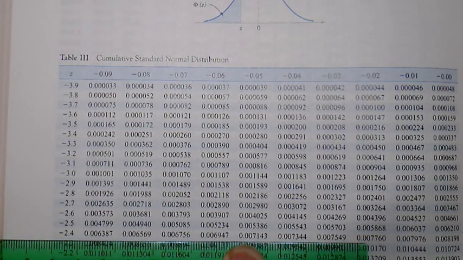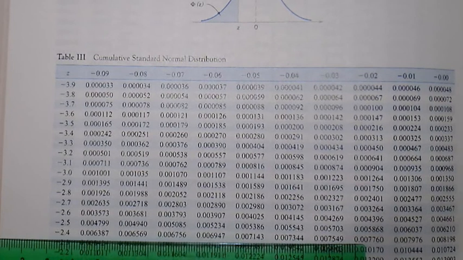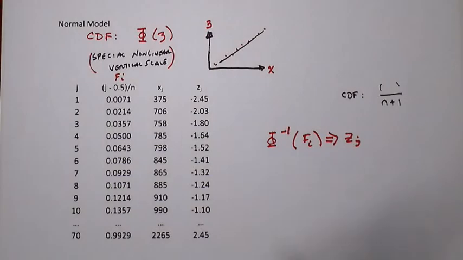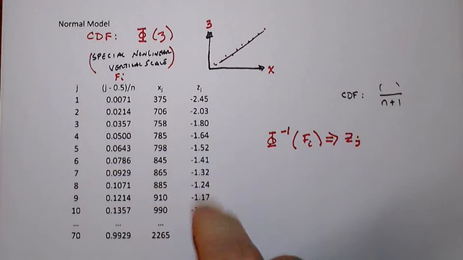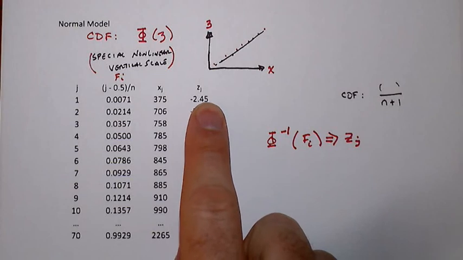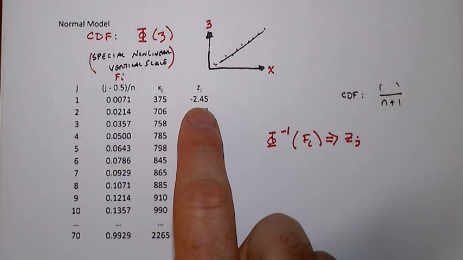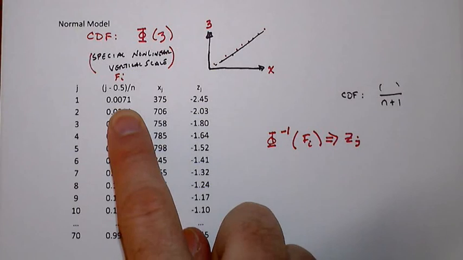And that corresponds with a minus 2.45 z value. And that's, of course, where we get this number right here. And then so on and so forth through the rest of them, and that creates now a paired data set between our observed value and the corresponding z value that goes along with the observed CDF of that particular data set.